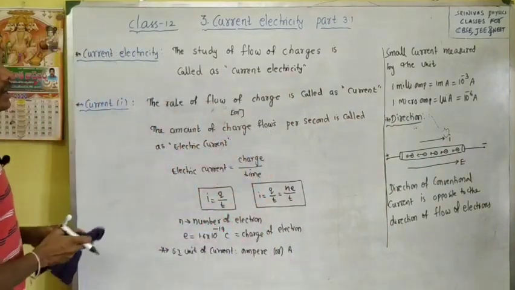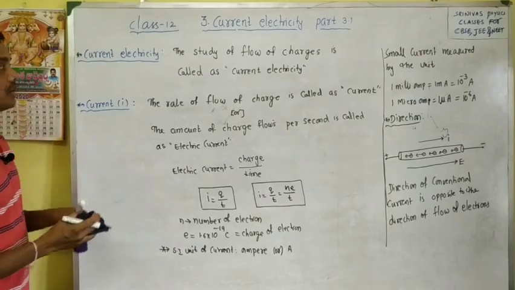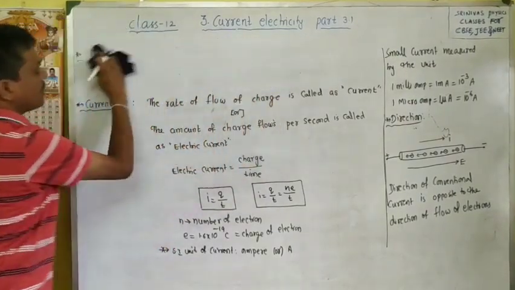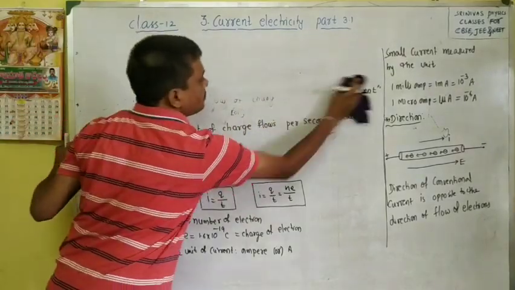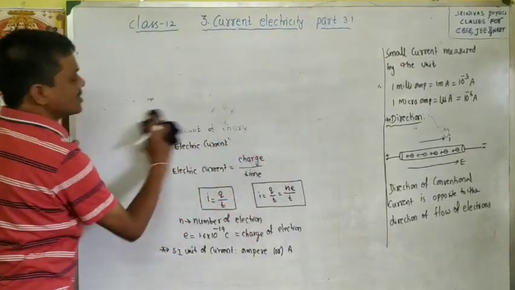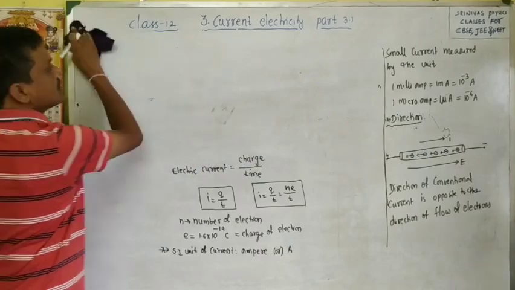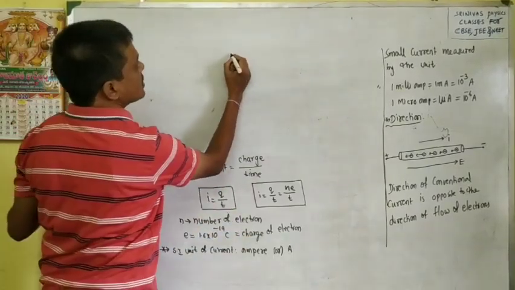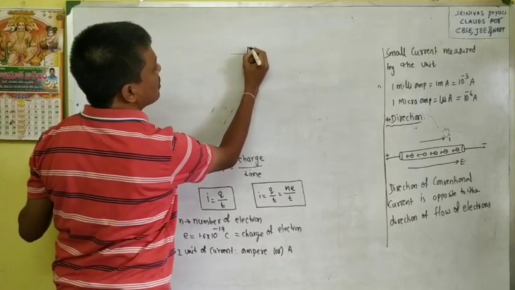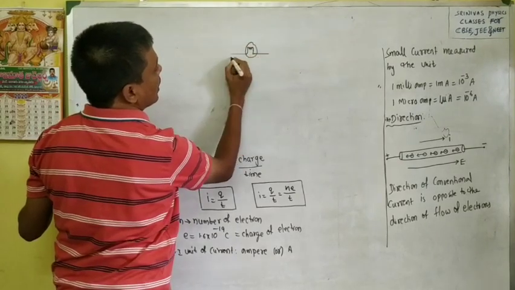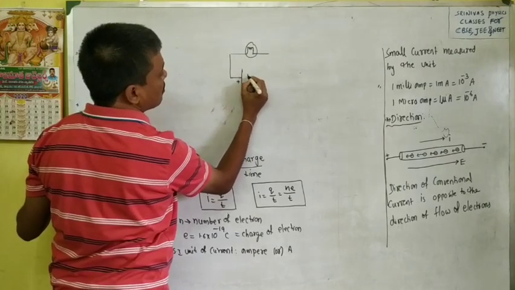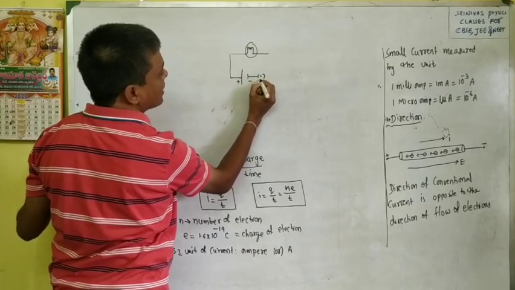Let us see and take a screenshot and note it. Now I am going to continue. For this, let us take a small circuit. In that small circuit, this is a small bulb, and here this is the positive terminal of the battery, and this is the negative terminal of the battery, and this is a plug key.